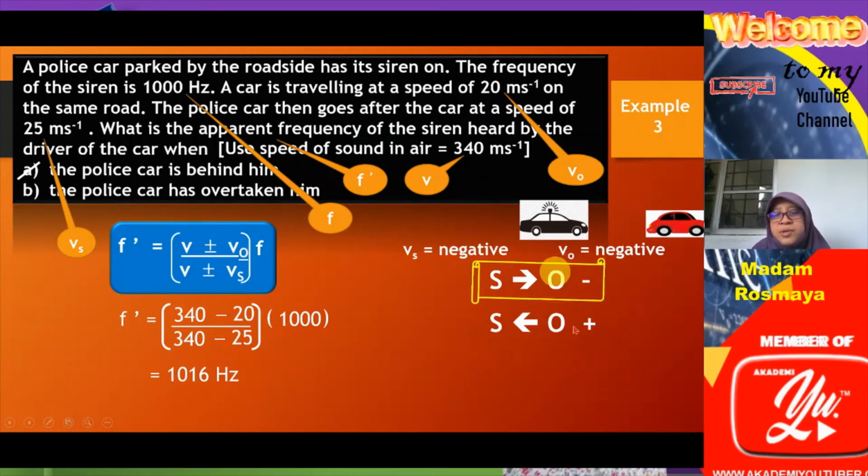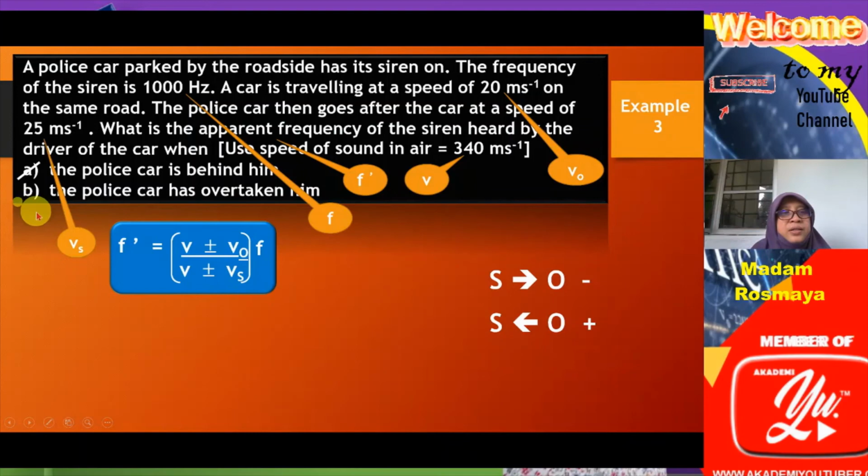Okay, that's how we use this relationship between S and O, by using the arrow. Next, question B: the police car has overtaken him. That means the police car is in front of the car. So we substitute first 1000 and 340.